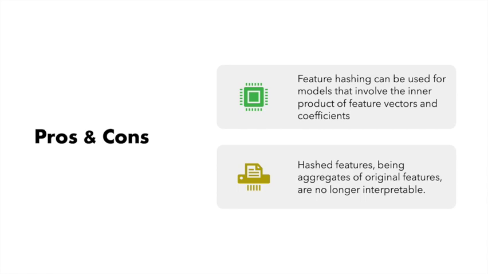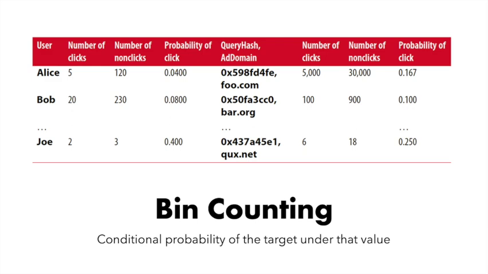Okay, now let's get to the second idea, and that is bean counting. The idea behind bean counting is actually pretty simple. Rather than using the value of the categorical variable as the feature, instead use the conditional probability of the target given that value.